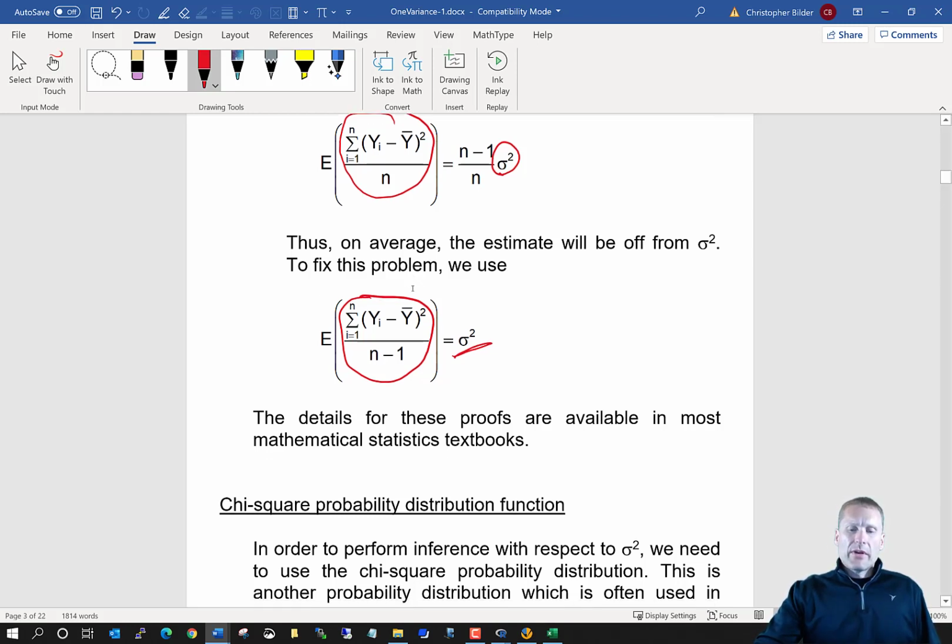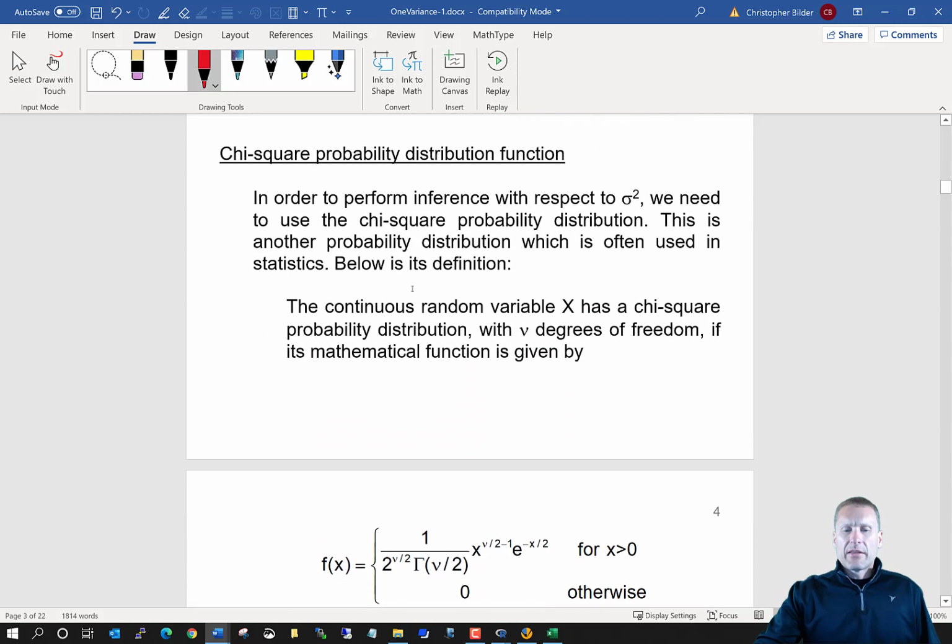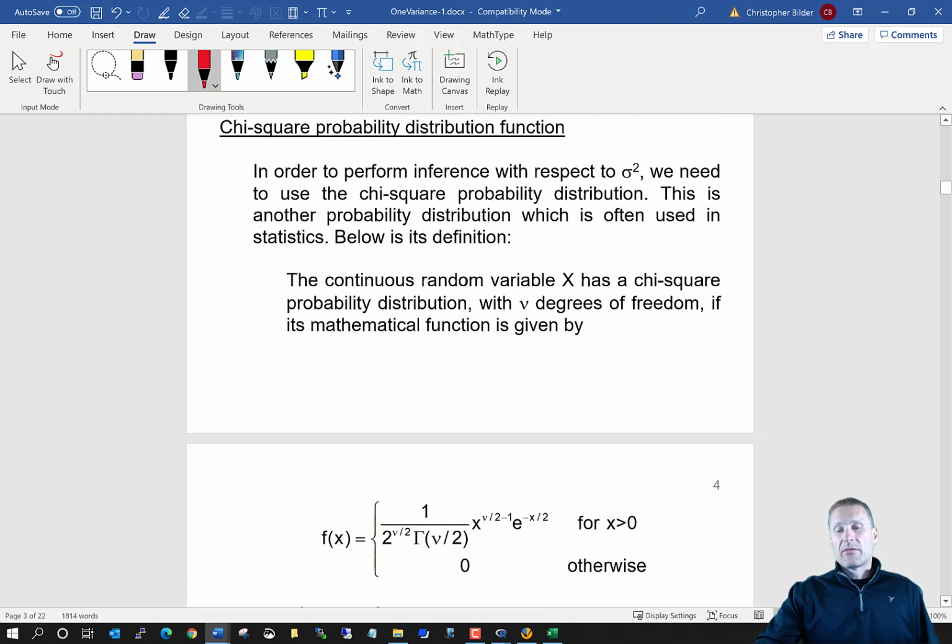Now, in order to do inferences about the variance, sigma squared, or again the standard deviation sigma, we need to introduce a new probability distribution called a chi-square probability distribution. So this chi here is the Greek letter chi, and sometimes you'll see people actually write it out like this, the chi-square distribution.